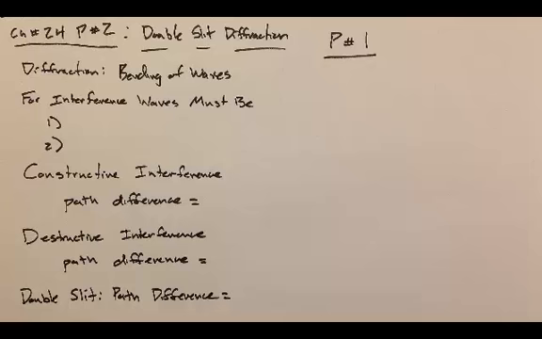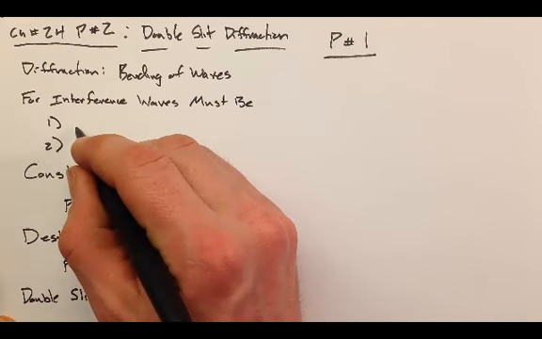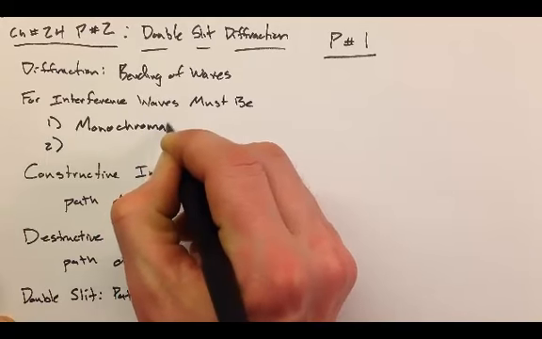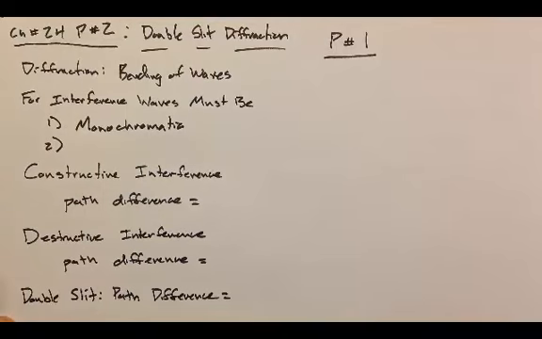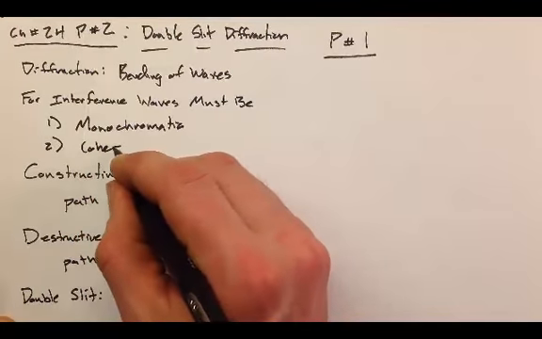Now, in general, diffraction, especially double slit diffraction, talks about wave interference. And remember, before we even start to talk about wave interference, the sources of your waves must be two things. For light, the sources of waves must be monochromatic. And you guys by now know that means one color, so the light must be all the same color. And it must be coherent.